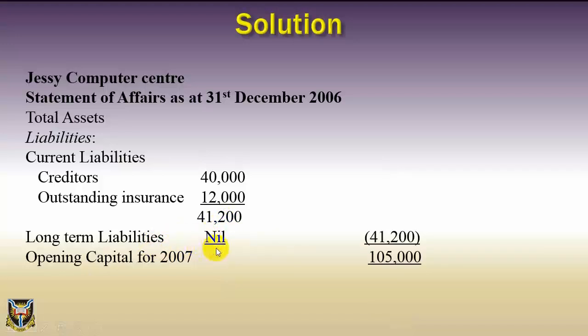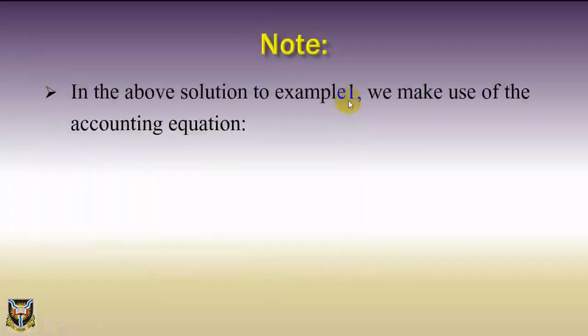Long-term liabilities, nil. Making 41,200. Opening capital for 2007, 105,000. Note: 1. In the above solution to example 1, we make use of the accounting equation.